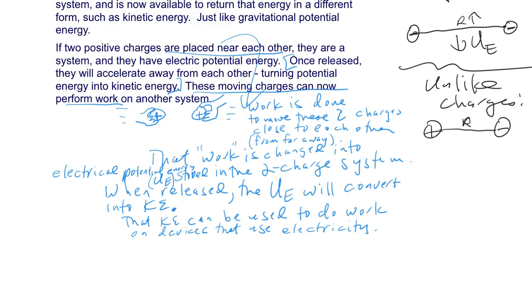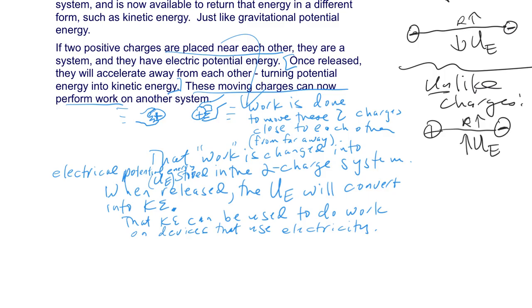So as R gets bigger, it's like pushing a rock further away from the Earth. The GPE gets bigger, and the electrical energy will get bigger as well. But that's for unlike charges. It's the opposite of when it's like charges.